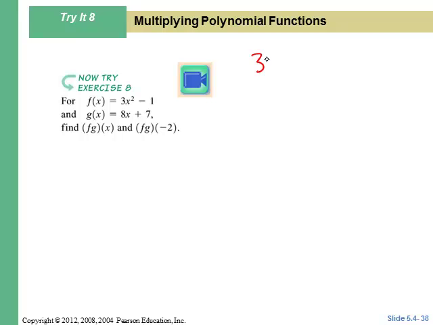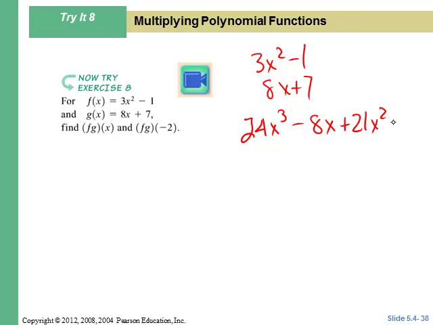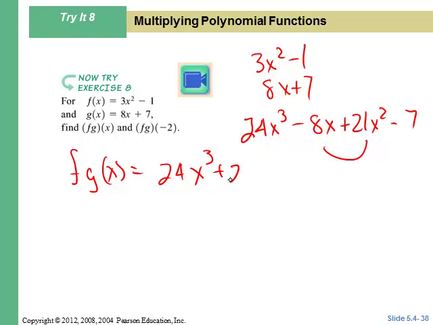Okay, so we have 3x squared minus 1 times 8x plus 7 is 24x cubed minus 8x plus 21x squared minus 7. We should switch these two around, shouldn't we? So f times g of x is 24x cubed plus 21x squared minus 8x minus 7.